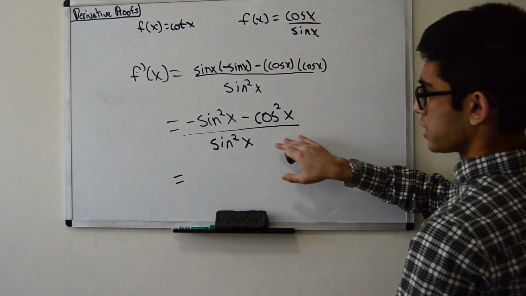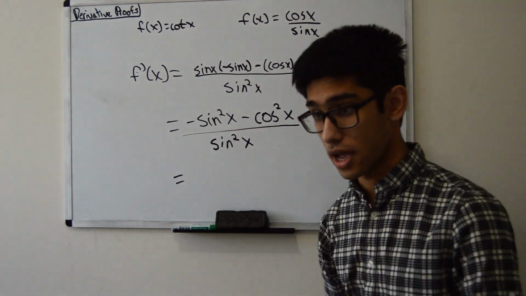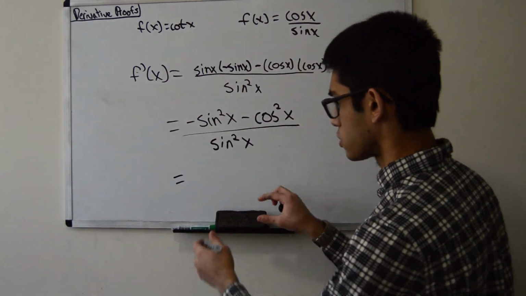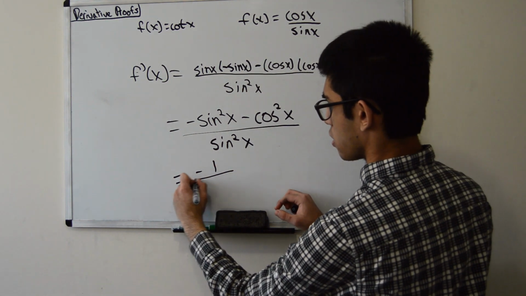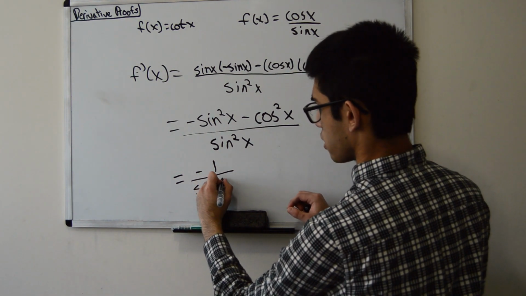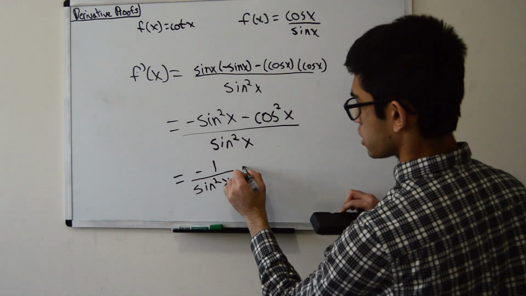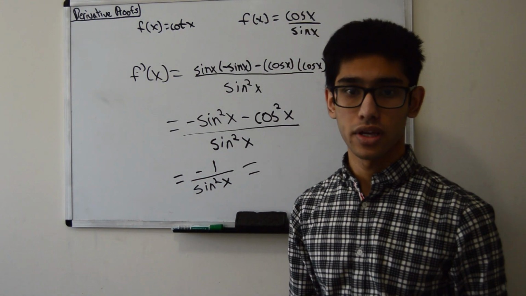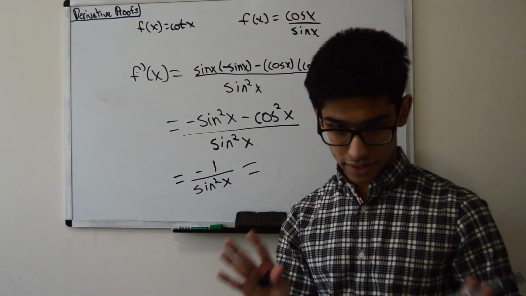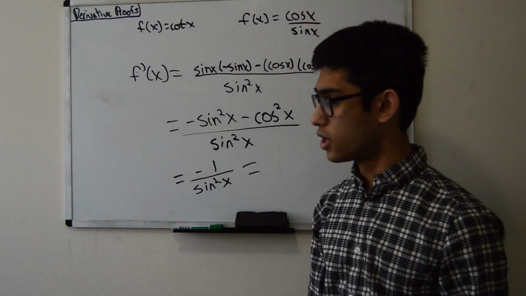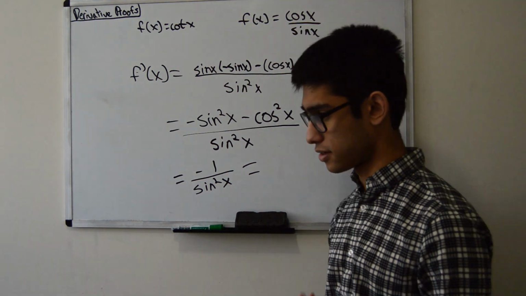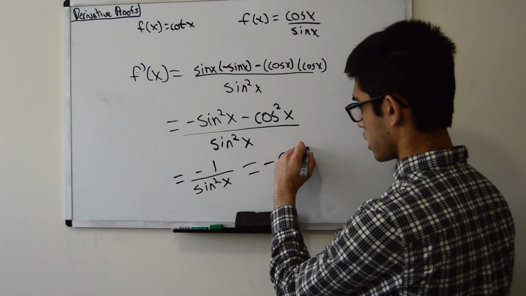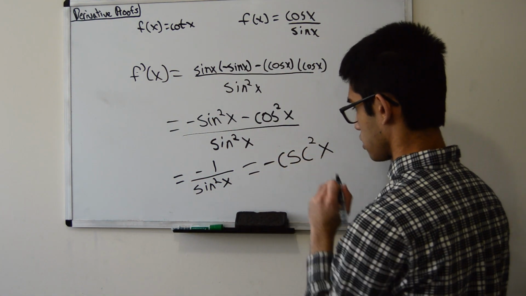And if you know the Pythagorean identity, which is cosine squared plus sine squared equals 1, well then negative sine squared minus cosine squared is negative 1. So what we're going to have instead is negative 1 over sine squared x, right? And 1 over sine squared is cosecant squared, so since we have negative 1 over sine squared x, the derivative is simply negative cosecant squared x.